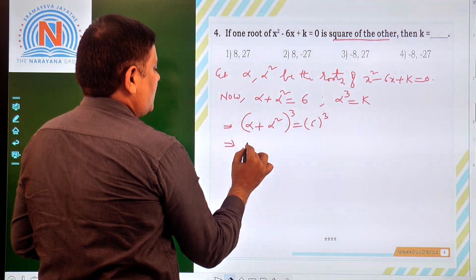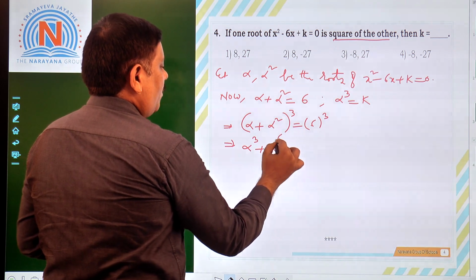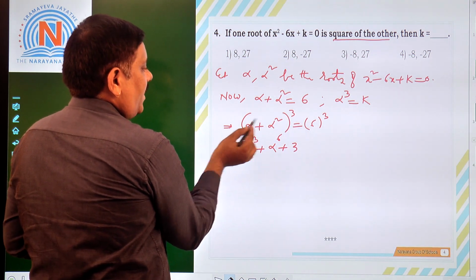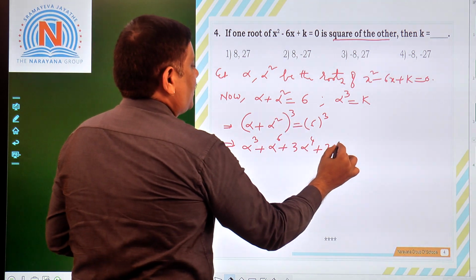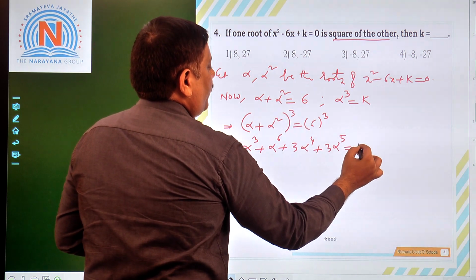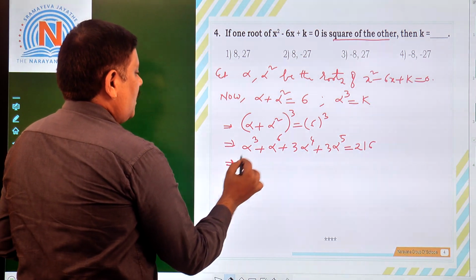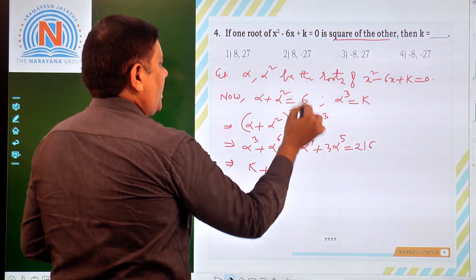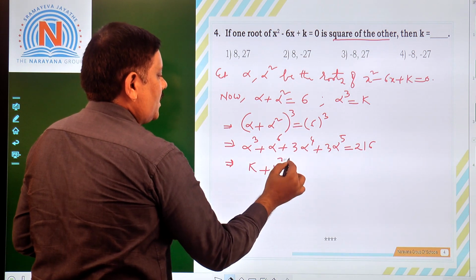If you expand it, it is a cube plus b cube plus 3a square b plus 3ab square. Alpha cube, then alpha power 4 for a square b, plus 3ab square, that is alpha power 5, is going to be 216, since 6 cube is 216. Otherwise alpha cube is k, plus alpha power 6 is alpha cube whole square, that is k square.